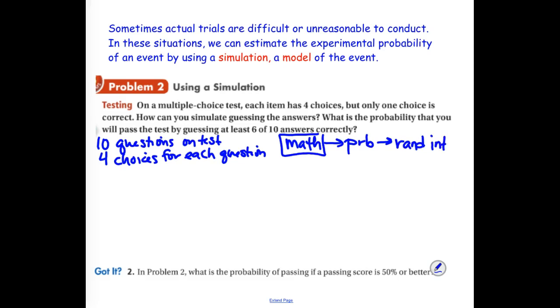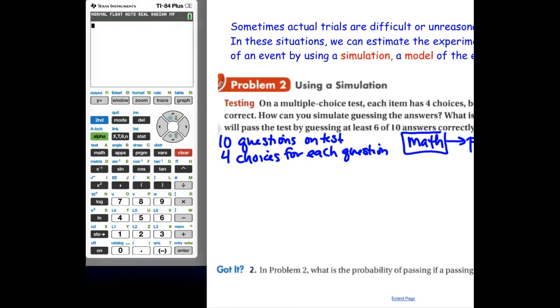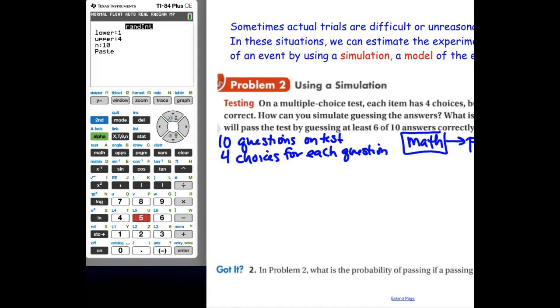Okay, so the math key, probability, and then random integer. In mine it's number 5. Now, the newer calculators are going to have this screen for you. Older calculators should just say random integer with a parenthesis.